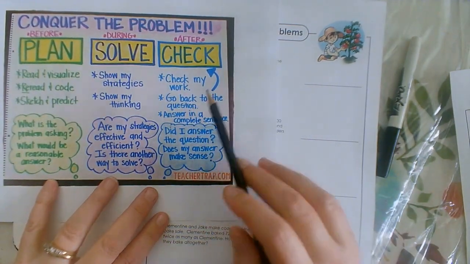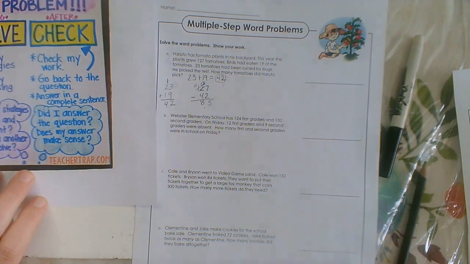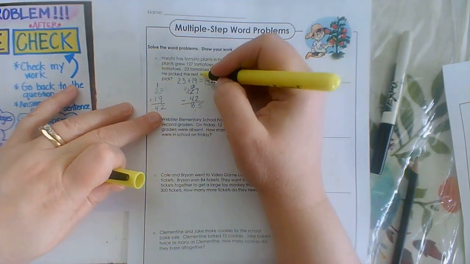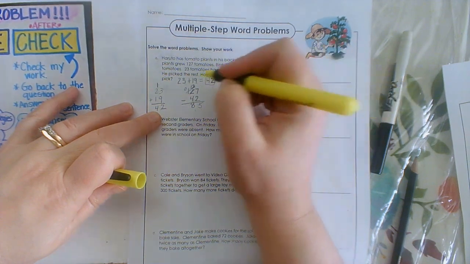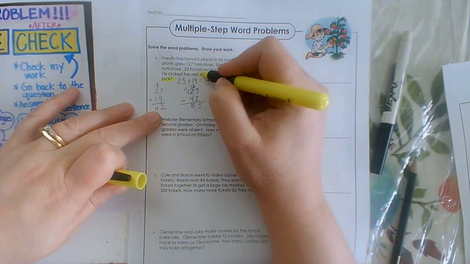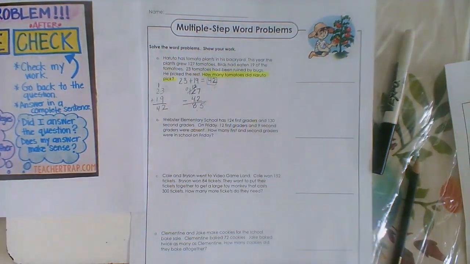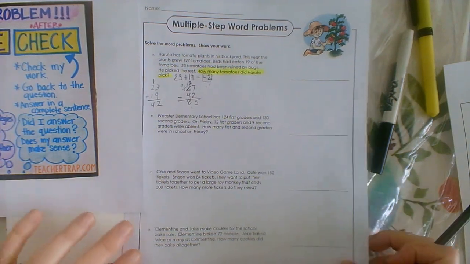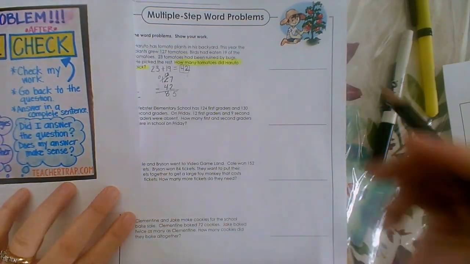We need to go back to the question. Now for this, I'm going to use a highlighter. And here is the question. If you have a highlighter at home, it's always good to do this. Okay. How many tomatoes did Hiroto pick? All right. I'm actually not sure how to say his name.